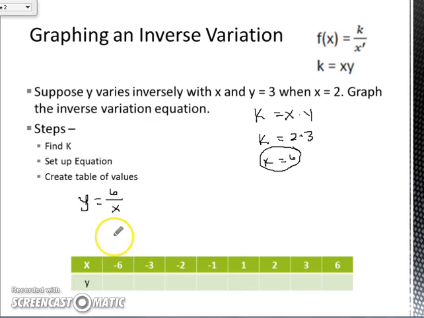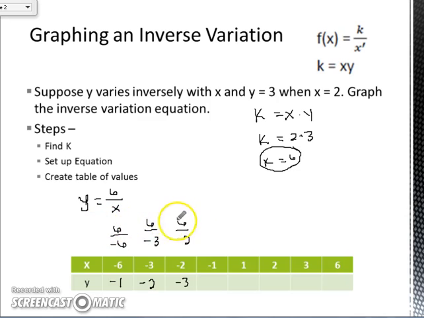And the reason why I put 6 there is we already found k to equal 6. So for this first one, our y equals 6 divided by our input, so 6 divided by negative 6, that comes out to be negative 1. Our second pair, 6 divided by a negative 3, we get negative 2. 6 divided by a negative 2, we get negative 3.